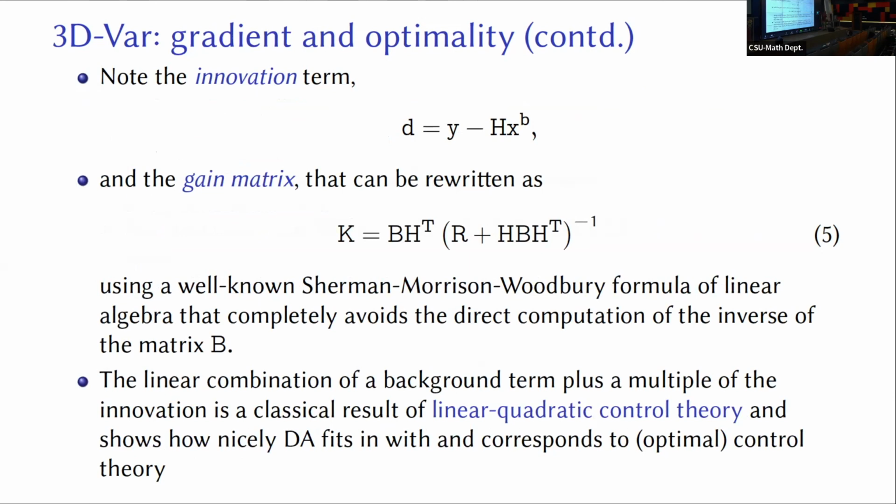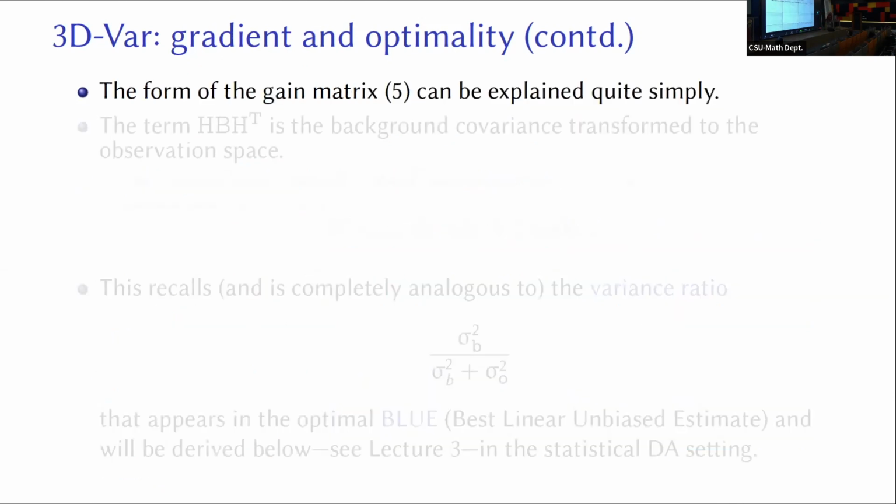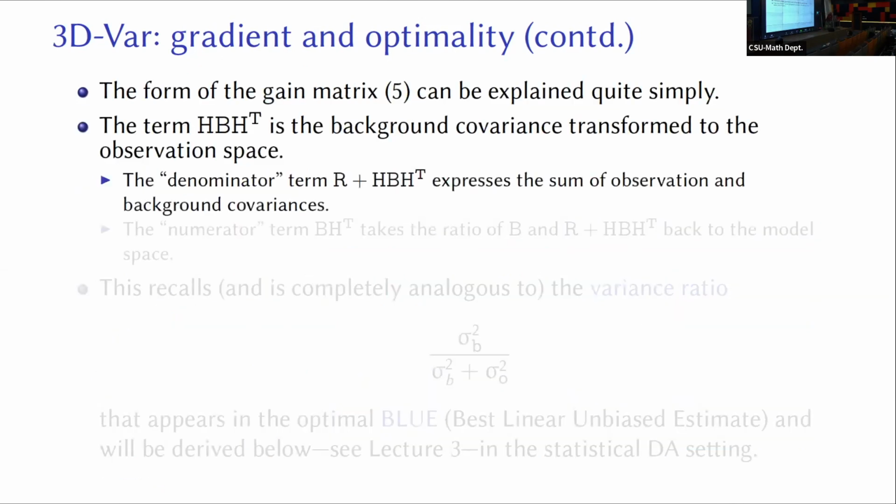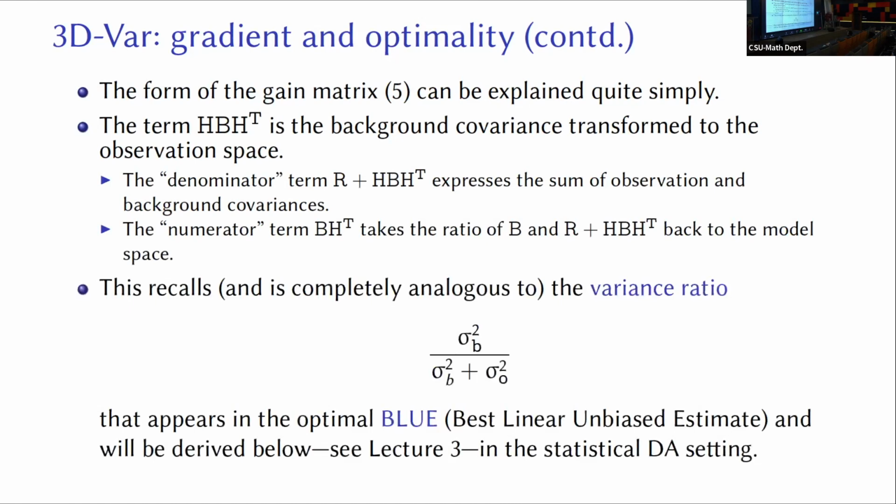It's called the BLUE, the best linear unbiased estimator, which is a well-known concept in estimation theory, which is part of statistical analysis. So just to show you that whatever you do, you get something that does what it should do, thanks to the fact that we take into account B and R, which we don't propagate, but we have to have some constant values that express what we believe are the errors in our background and in our observations.